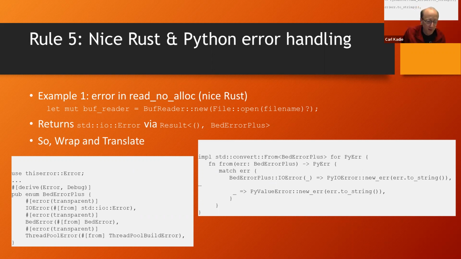It also includes some other enums that define errors. One's called BedError, which we'll see on the next slide, and another's called ThreadPoolError, because we'll be doing something with a thread pool later that might return an error. So this is every error our function can possibly return.